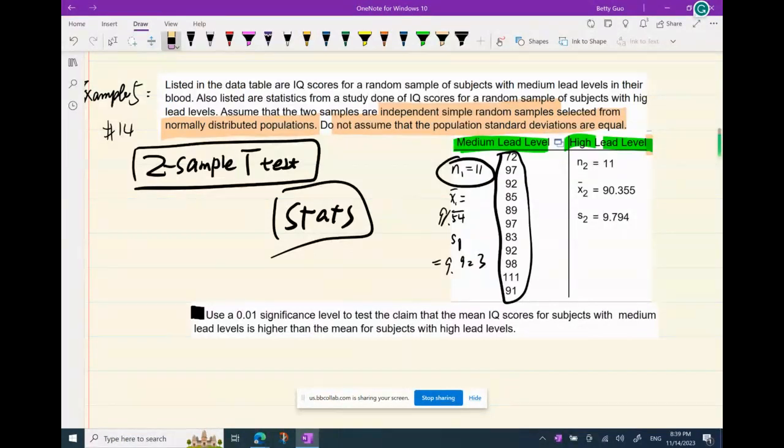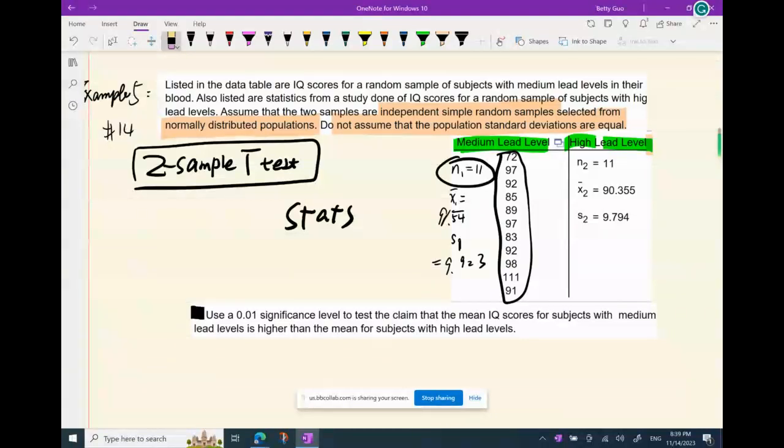You have to keep consistent. Since we cannot go from stats back to raw data, but we can go from raw data to stats, we're going to use stats here. And before that, we need to go to stat, edit.